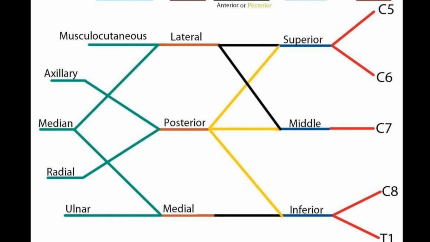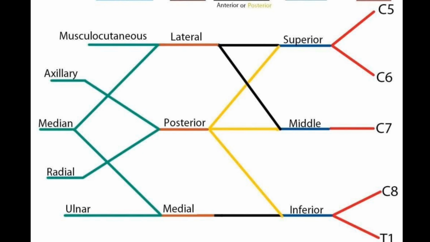So the lateral cord is having 3 branches, with the mnemonic LML: lateral pectoral nerve, musculocutaneous nerve, and lateral root of median nerve. And the posterior cord also has a mnemonic, LUNAR. L stands for lower subscapular nerve, U stands for upper subscapular nerve, N stands for nerve to latissimus dorsi, which is also called thoracodorsal nerve, and A stands for axillary nerve, which is also called circumflex nerve, and R stands for radial nerve.